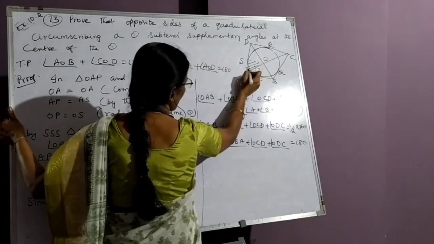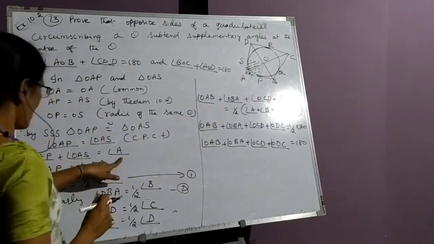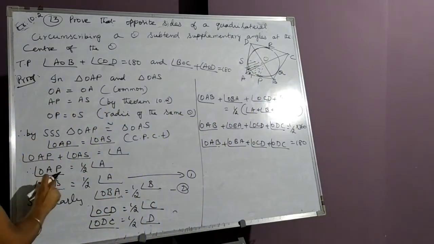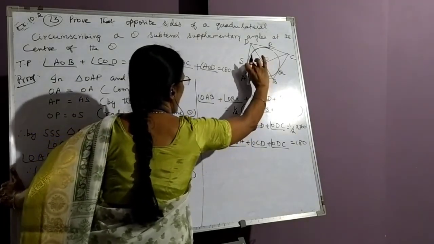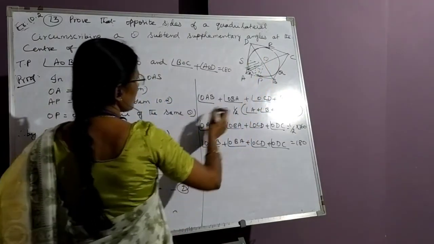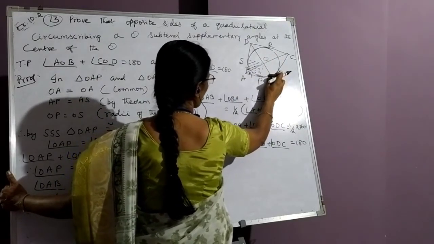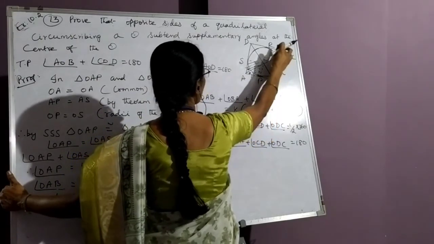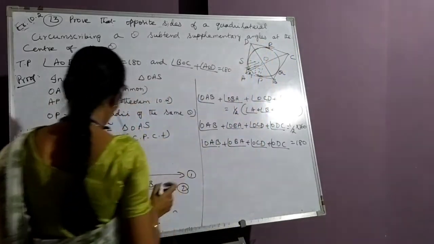Because these two angles are equal, each angle is half of angle A. Therefore, OAP is equal to half of angle A. Similarly, we can prove OBA is half of angle B, angle OCD is half of angle C, and angle ODC is half of angle D.